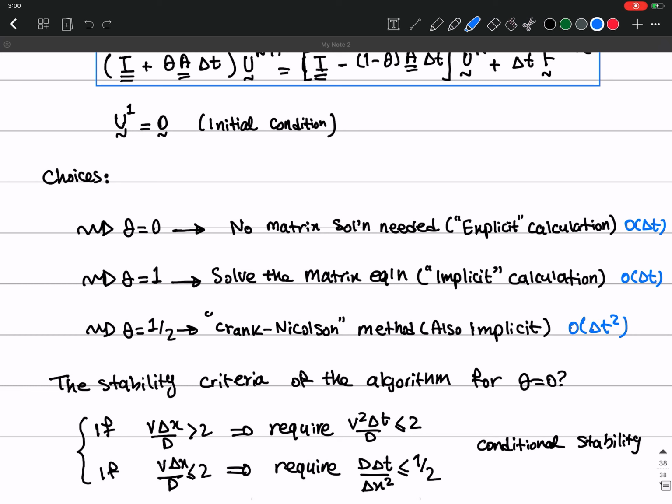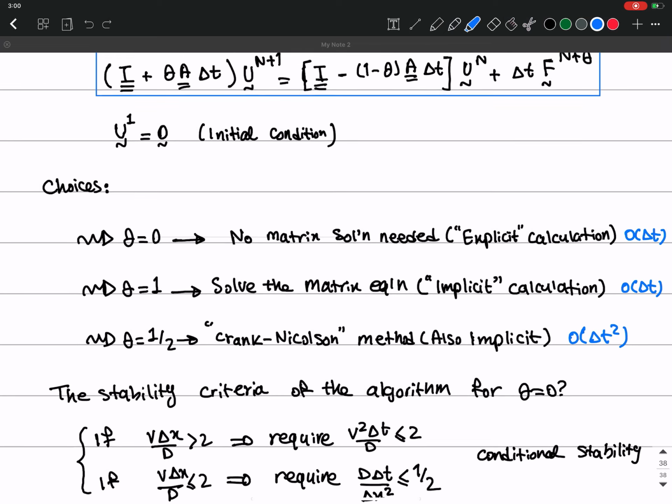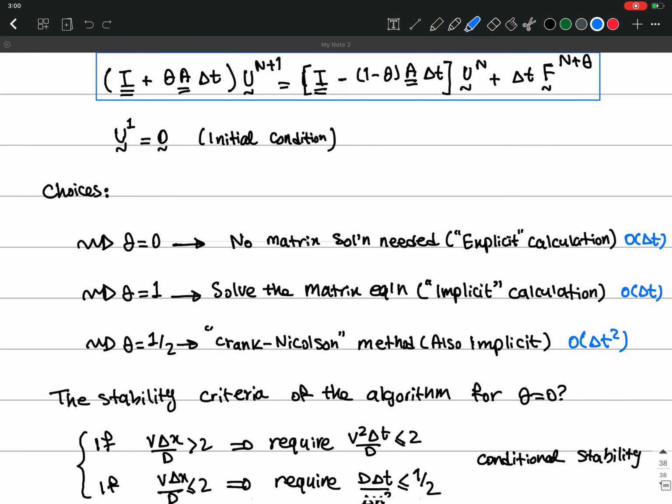And then I finally showed the stability criterion for the explicit method where theta is 0. This is the conditional stability that we have. If you satisfy this criterion, then your computer code is going to converge and you're going to have solutions.